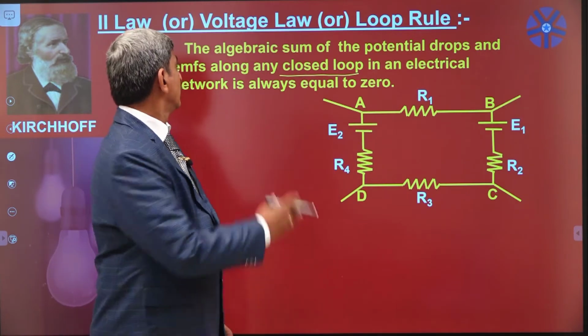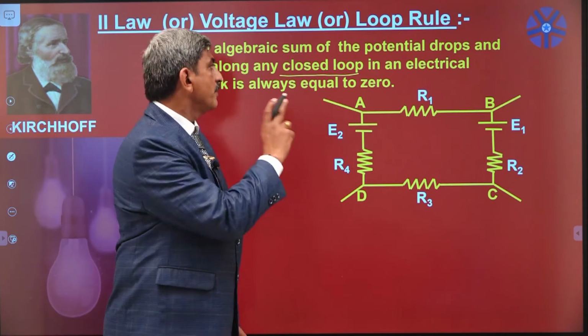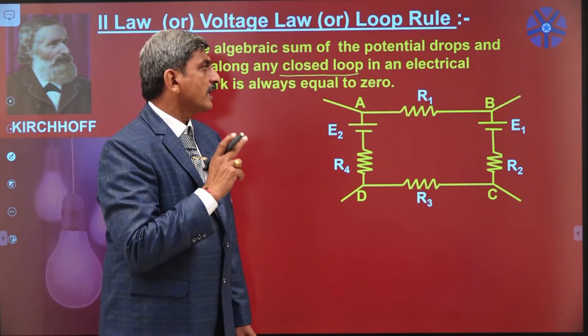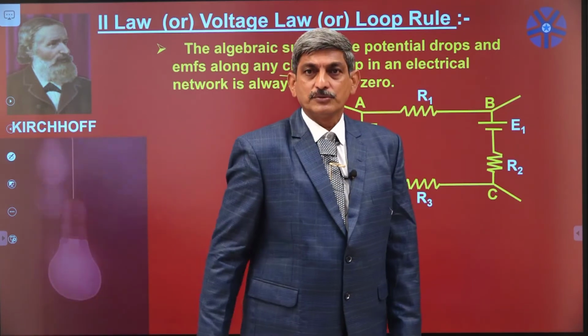I am repeating, the algebraic sum of the potential drops and EMFs along any closed loop in an electrical network is always equal to 0.